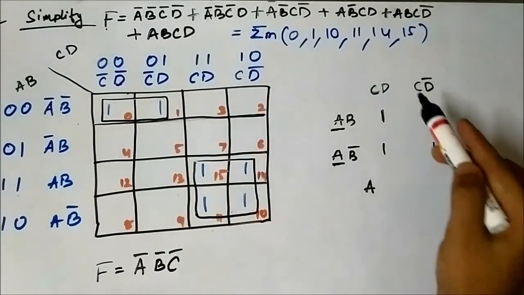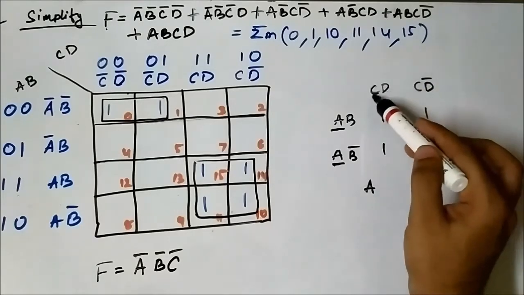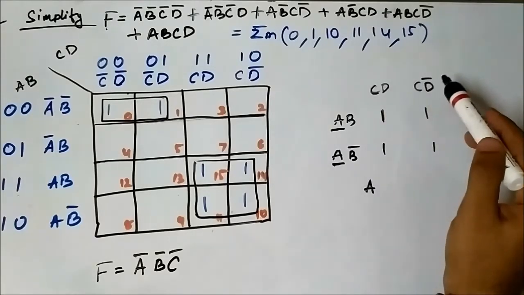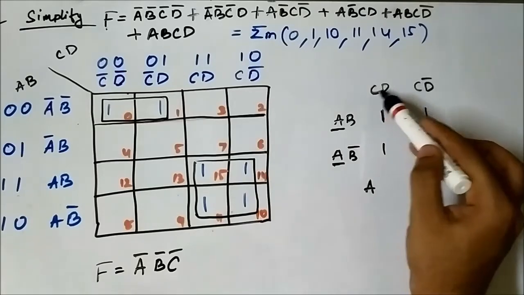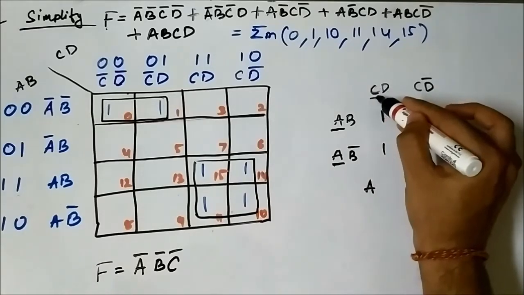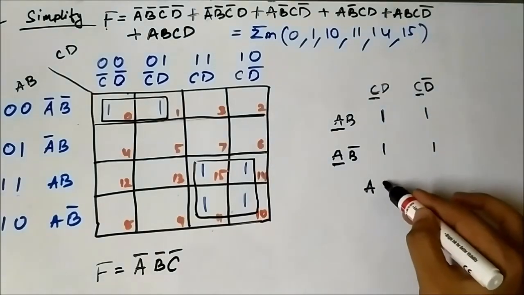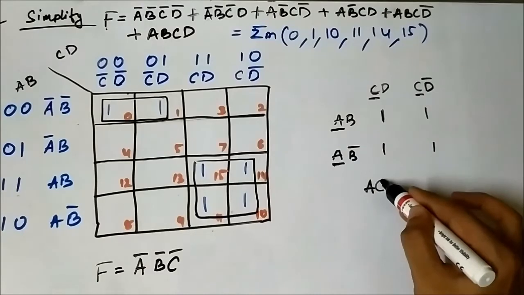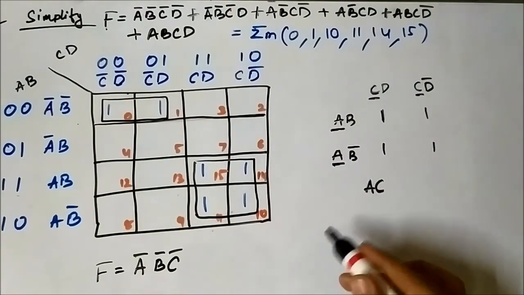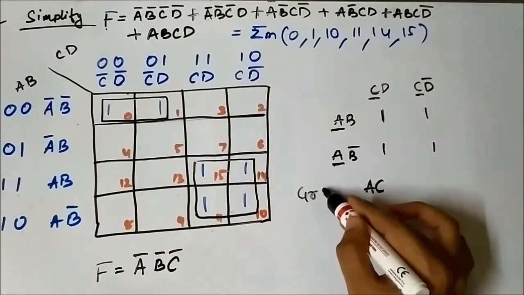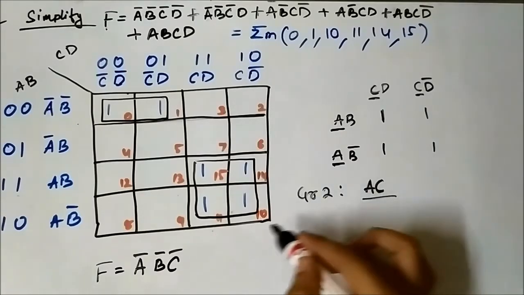Now the vertical: in the vertical side we have CD and CD bar, so in both the vertical components C is common. So the other common variable is C. So for group 2 the common variables are A, C.